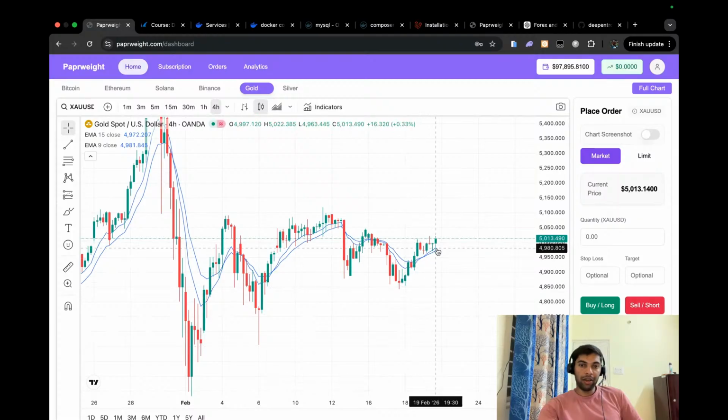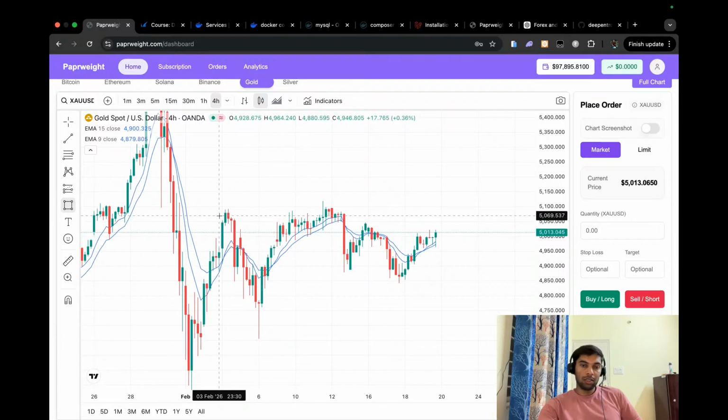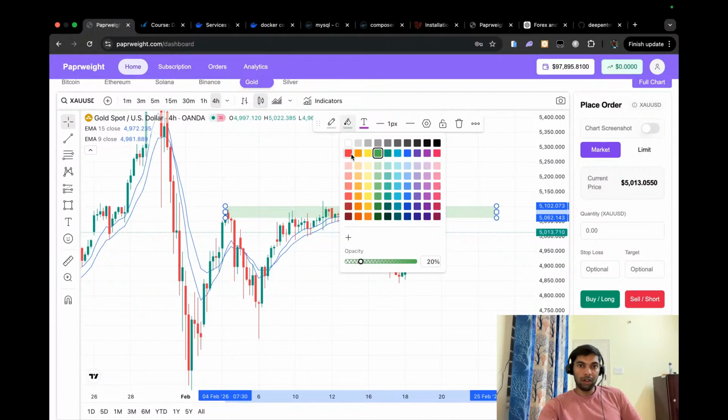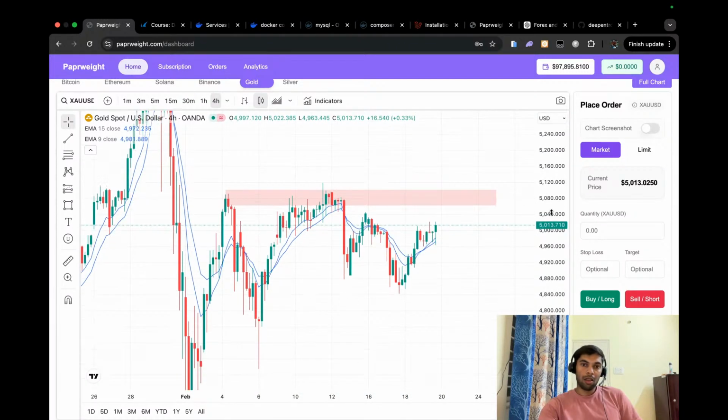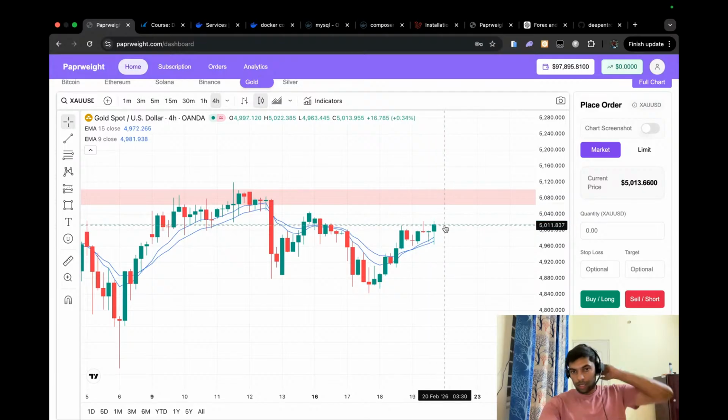This is the buying trend, but you can't forget the selling zone as well. Although the market is quite far from this selling zone, there is still scope for the market to reach this point.